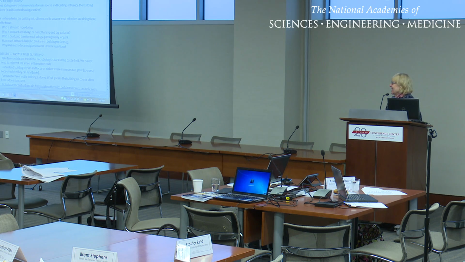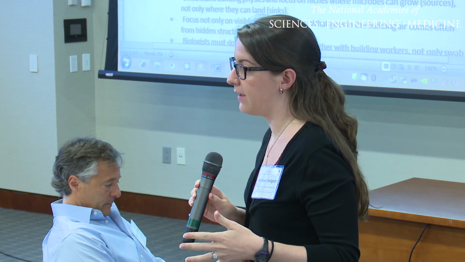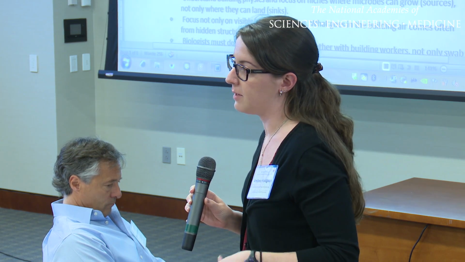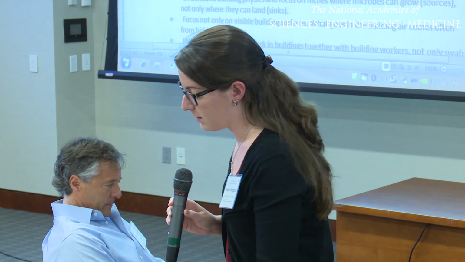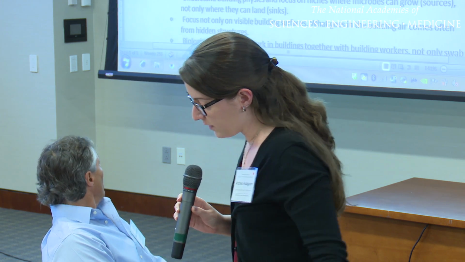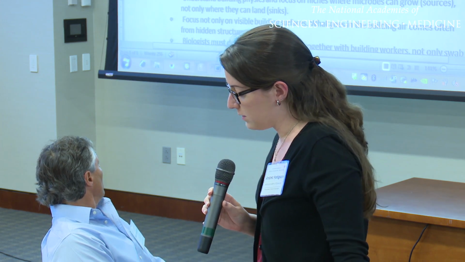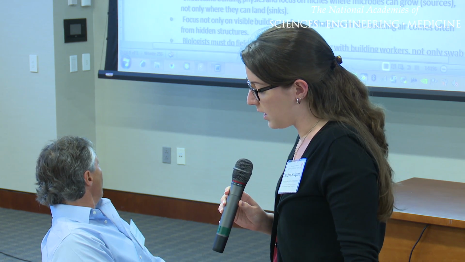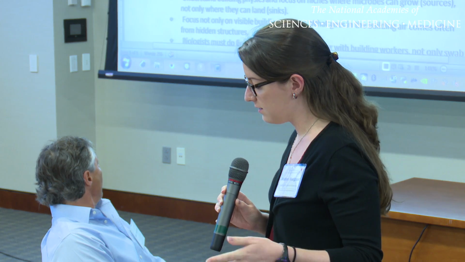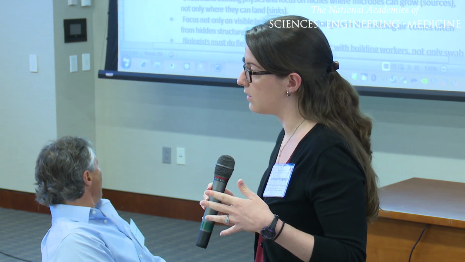So one of the first things we talked about was trying to get a practical understanding of what is a normal microbiome for a building, and that way we could learn about how that might affect the building materials that might be used or implemented in making design choices. Another thing we discussed was what kind of monitoring systems are currently online or need developing so that we could track microbes in a building, sort of as indicators or sensors.